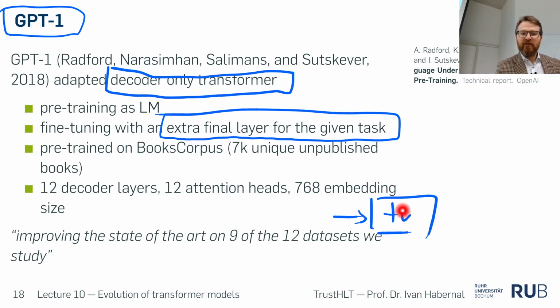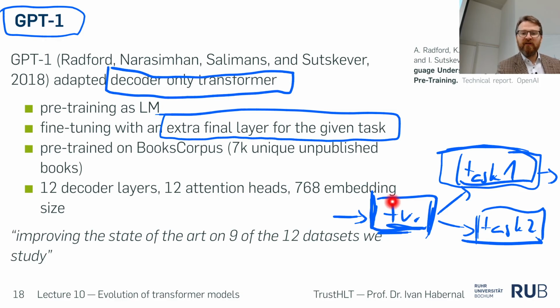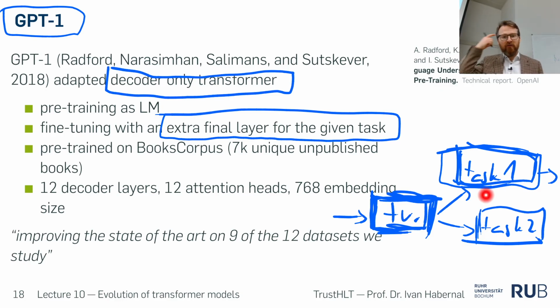So this is the transformer. And then you would take task 1 and fine-tune only this layer for task 1. Then you would have task 2 and just fine-tune this layer while keeping these parameters untouched. So you freeze, basically you say, whatever you do in your parameter updates, don't change these parameters. Freeze the layers of the transformer and just fine-tune the head for each task. Which makes sense? Okay, cool.